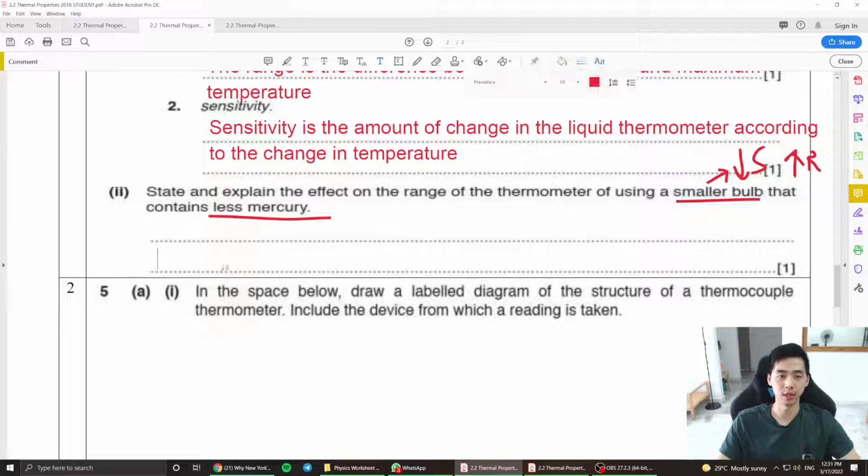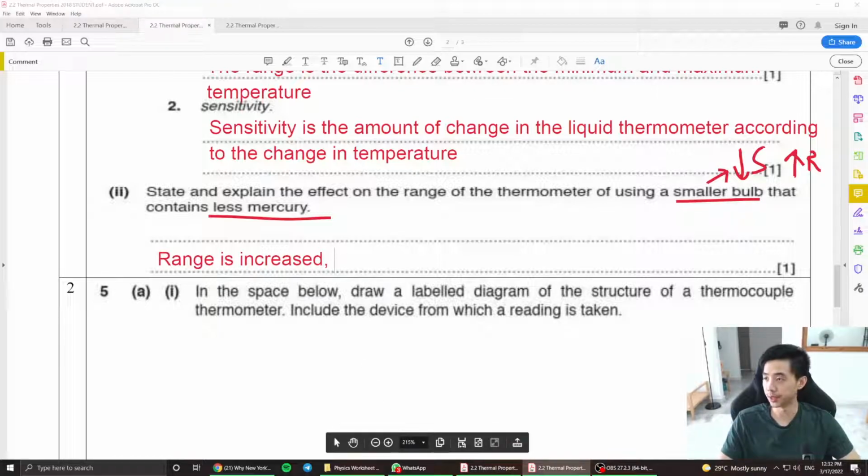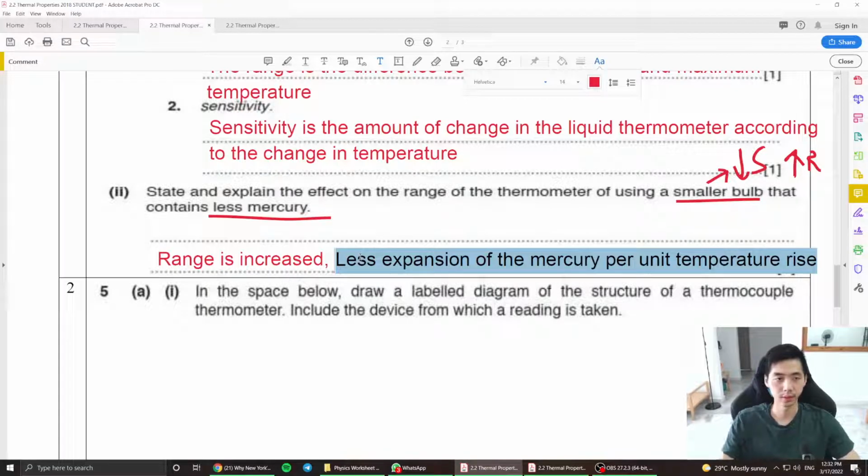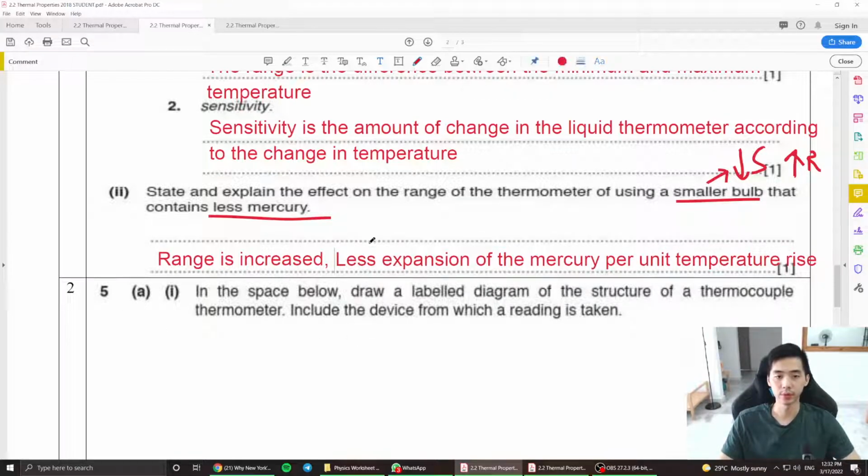So you're supposed to state that, number one, the range is increased, and your explanation would be less expansion of the mercury per unit temperature rise. Okay, range is definitely going to increase because there is less expansion of mercury per unit temperature rise.